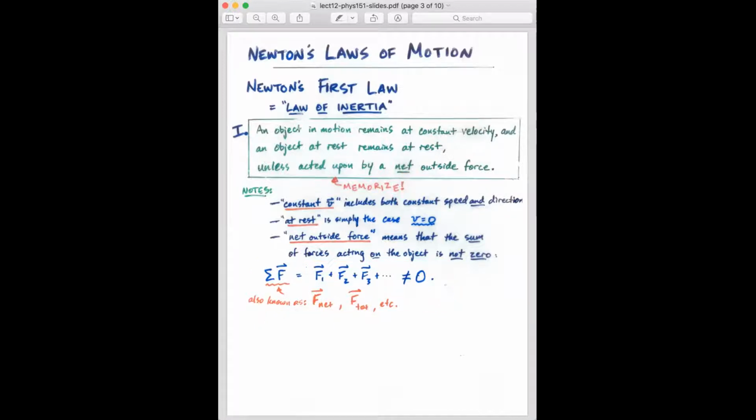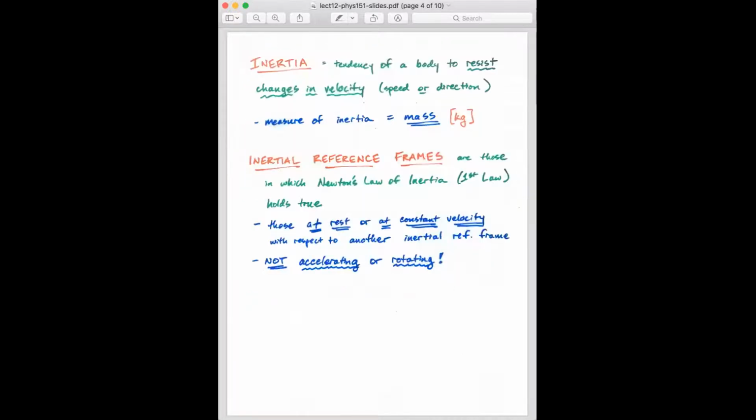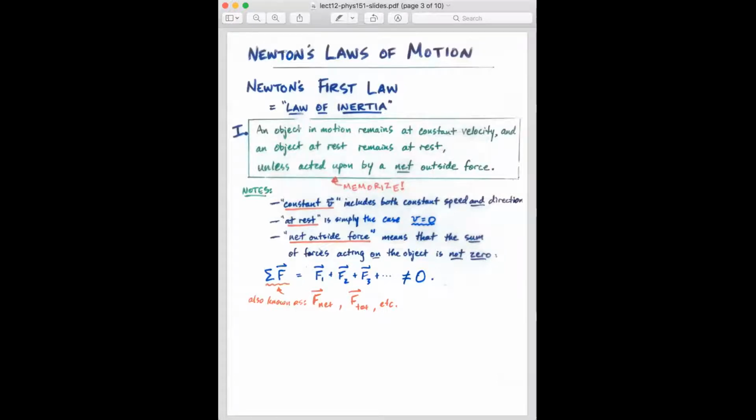Okay, so that's it. This is the so-called law of inertia. Now, it's worth pausing for a moment here and noticing, although the word inertia doesn't appear in the statement of Newton's first law as I've written it here, this tendency of an object to either remain at rest or maintain a constant velocity, in other words, not speed up, not slow down, and not turn, right?